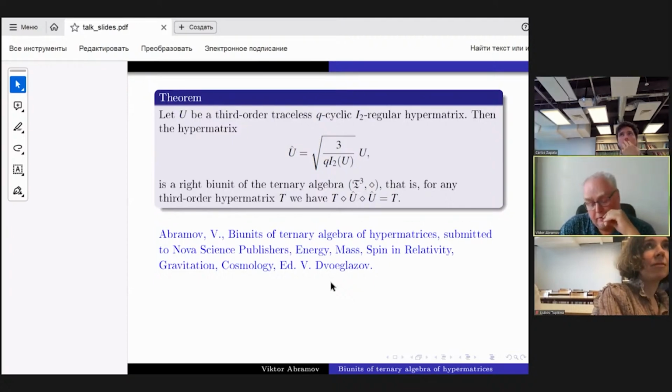I think there may be interesting properties of this ternary product. Maybe this was the first step when I studied the question of biunits, but I think there are more interesting properties in this ternary algebra which I have to study.